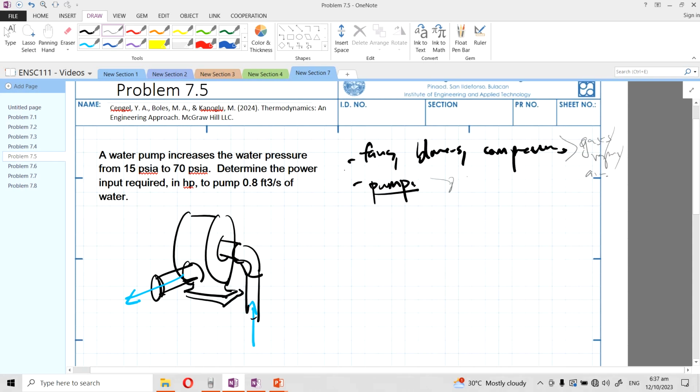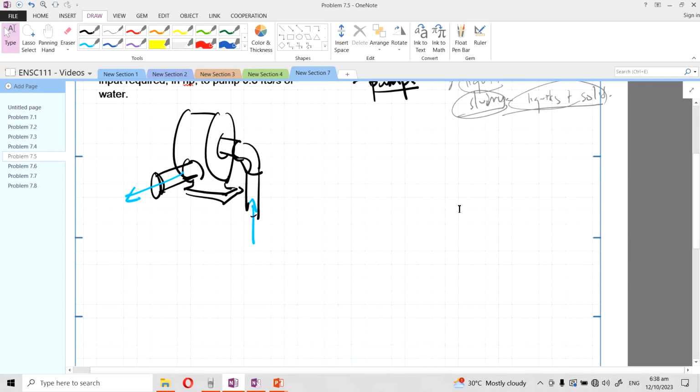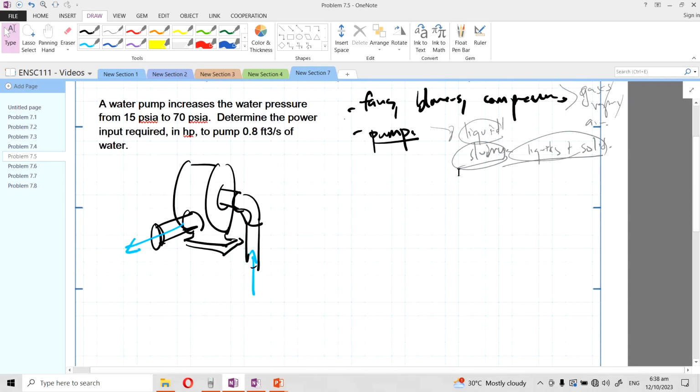Whereas pumps, technically, are for liquid substances, or maybe slurries. For some types of pumps, we have slurries. That means liquids plus some solids in it. So that's the concept behind these fluid moving devices.